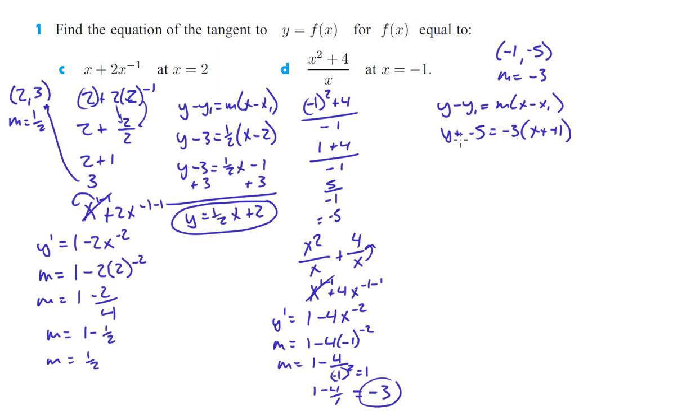So those turn into positives. That's positive. y plus 5 equals negative 3x minus 3. Subtract 5 from both sides. And we get y equals negative 3x minus 8 is the equation of the tangent to this equation here when x is negative 1.